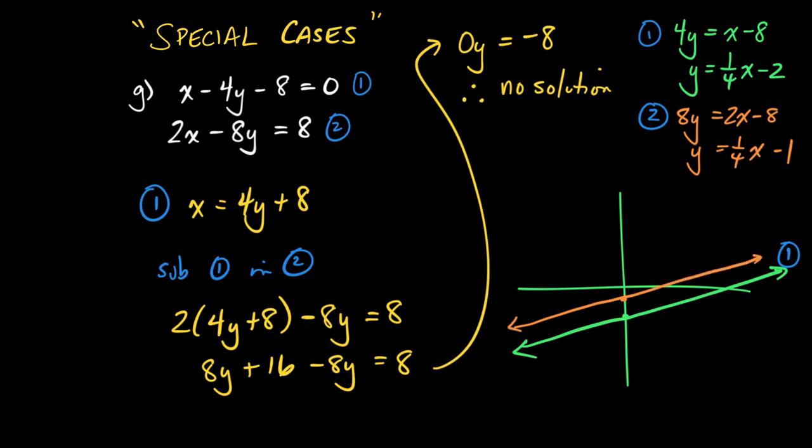You might be able to see that those two lines are parallel. And if solving a system means that we're finding the points of intersection, then two parallel lines do not cross. They don't intersect, so there is no point of intersection. That we might be able to see why our system actually has no solution.